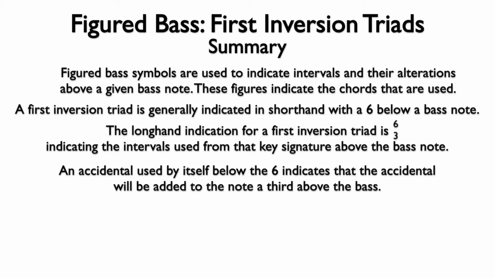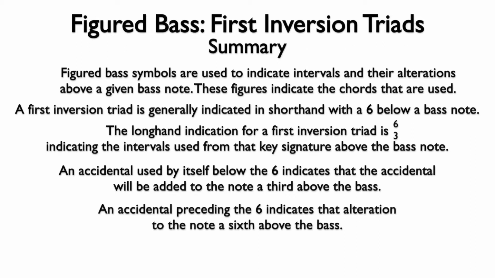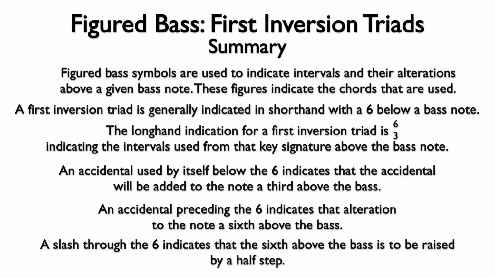An accidental used by itself below the 6 indicates that the accidental will be added to the note a third above the bass. An accidental preceding the 6 indicates that alteration to the note a sixth above the bass. A slash through the 6 indicates that the 6 above the bass is to be raised by a half step.